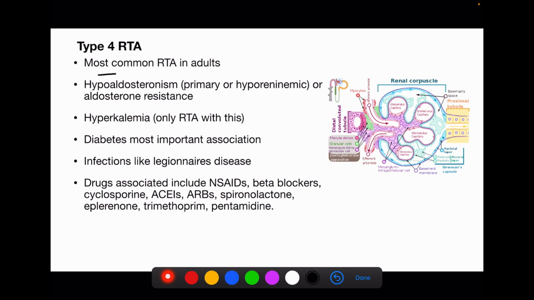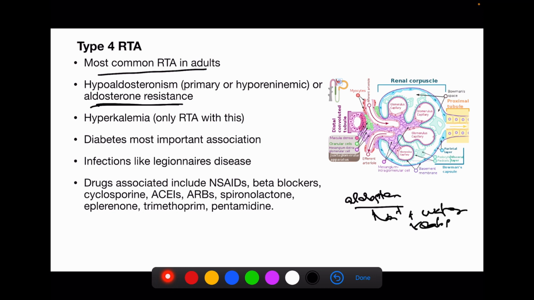Type 4 RTA is the most common RTA in adults. Type 4 RTA basically can be due to hypoaldosteronism. The hypoaldosteronism can be primary, hyporeninemic hypoaldosteronism, or aldosterone resistance. So what is the action of aldosterone? Aldosterone is responsible for sodium and water reabsorption and potassium excretion.